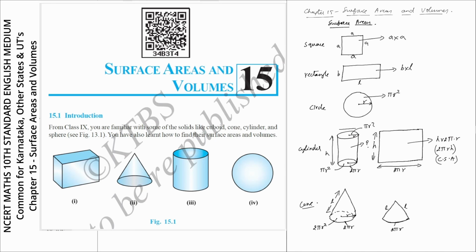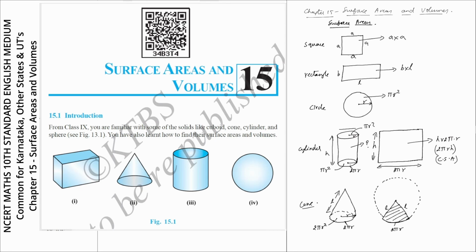And actually, if from this point you draw a circle with l as radius, you get like this. This portion is nothing but a sector of the circle whose radius is l.